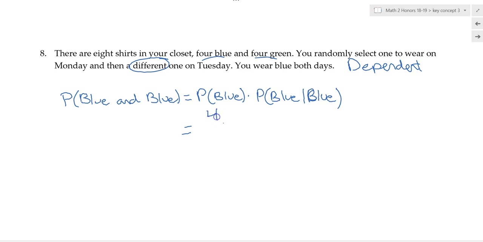Probability of blue is 4 out of 8, or 1/2. I think about it that way. Now I have chosen a blue shirt. I now only have 3 blue shirts. So I go to choose my second blue shirt. It's 3 out of 7. This does reduce, 1/2 times 3/7, and we get 3 out of 14.